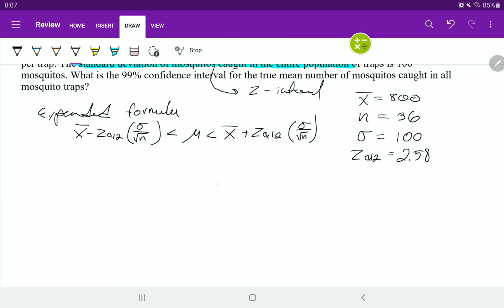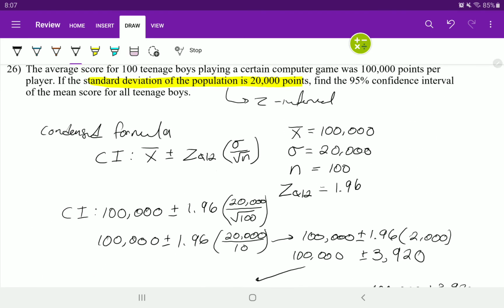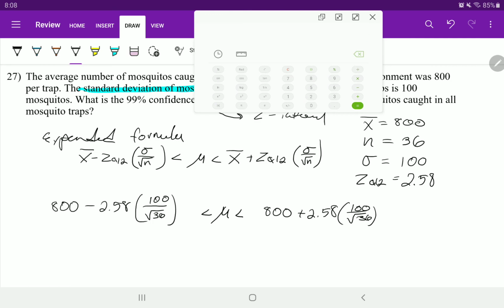Let's compute our confidence interval. And it's really the same formula as I did in number 26. Once again, this is condensed, this is expanded. So we have 800 minus 2.58 times 100 divided by the square root of 36. And on the right side is 800 plus 2.58 times 100 divided by the square root of 36. In my calculator, I'm going to compute the margin of error.